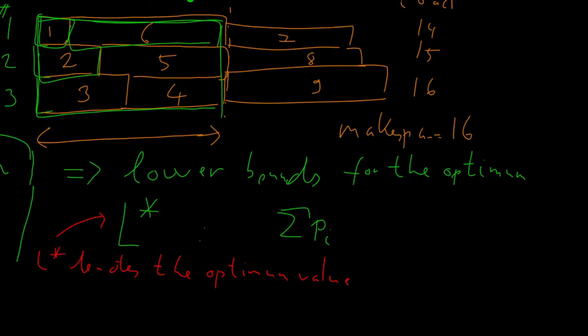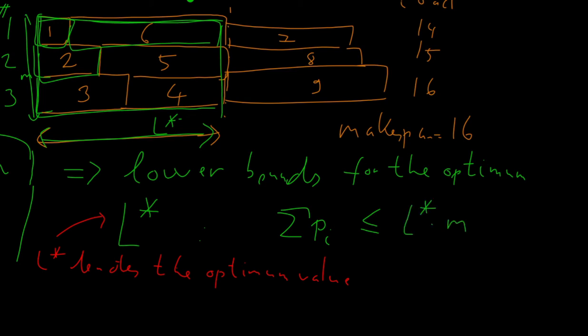And if the width of this area is, say, L star for an optimal schedule, and the height of this rectangle is m, then we get that the sum of the p_i, the total area of the small rectangles, is at most as large as L star times m.